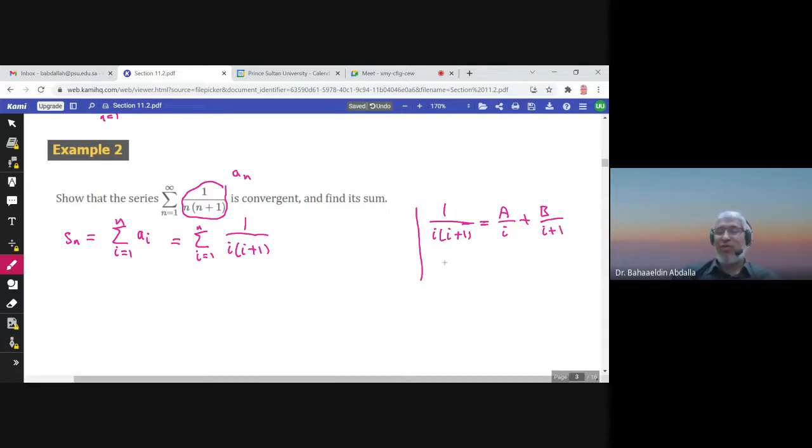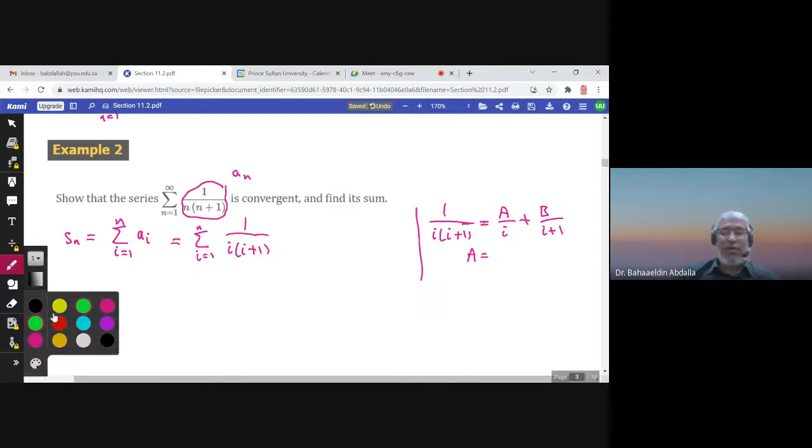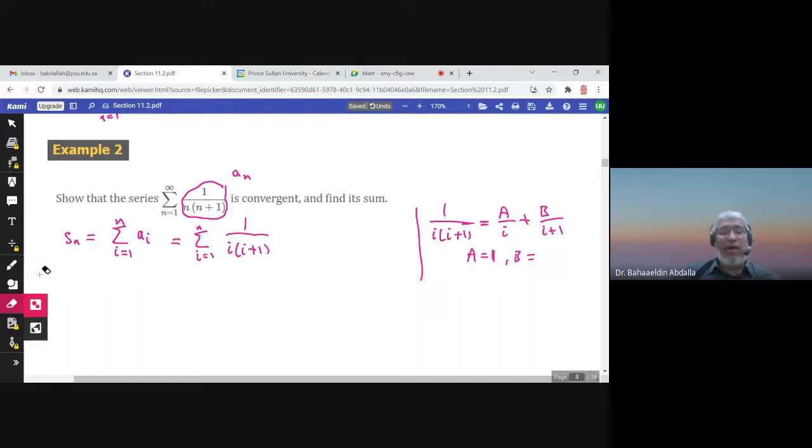Partial fractions. And I can find a easily by replacing i here by 0, forgetting about this i. So if I put i as 0, then 0 plus 1, 1, 1 over 1 is 1. So A is 1. And B, I replace i by -1, canceling this. When I replace i by -1, 1 over -1 would be -1. So B is -1.